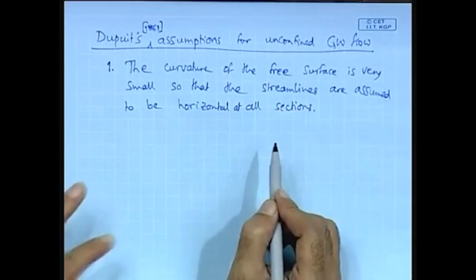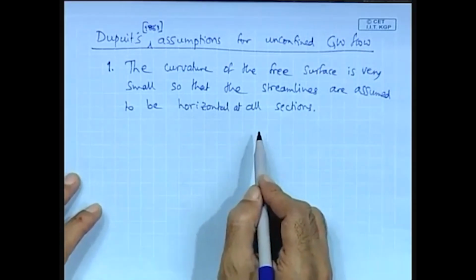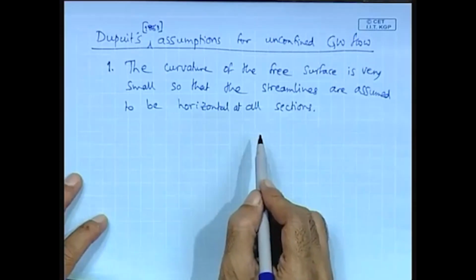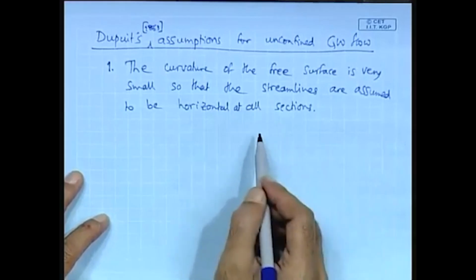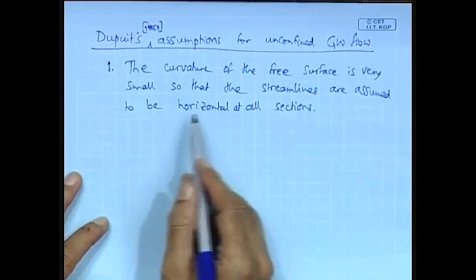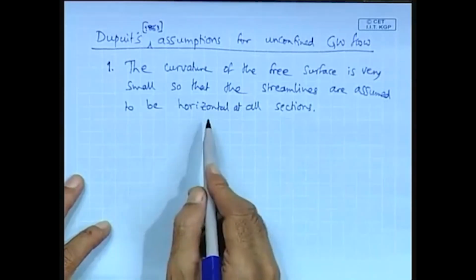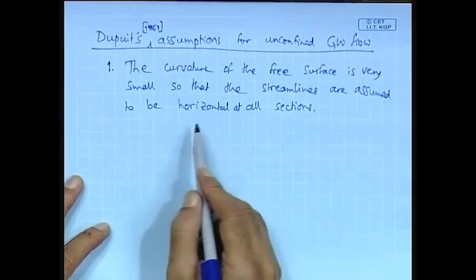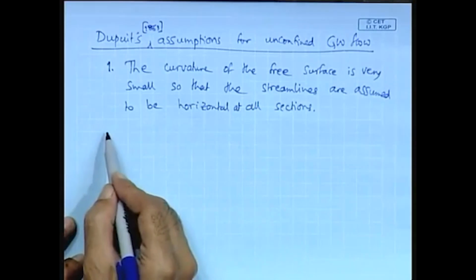So, this is the first assumption, and as per this assumption, even though there is slight inclination for the streamlines, that inclination is neglected and the streamlines are assumed to be horizontal at all sections.